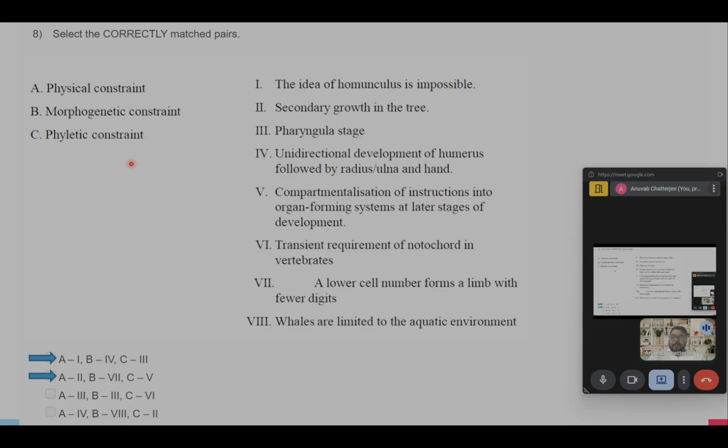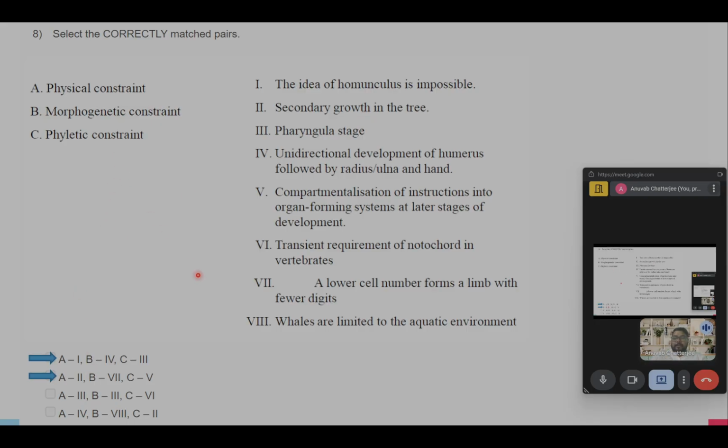And C is 3. The phyletic constraint is the phalangeal stage. We have already seen this. The other option which is correct is A is 2, physical constraint, secondary growth in the tree, which can occur only at a particular point, which also follows the laws of physics.